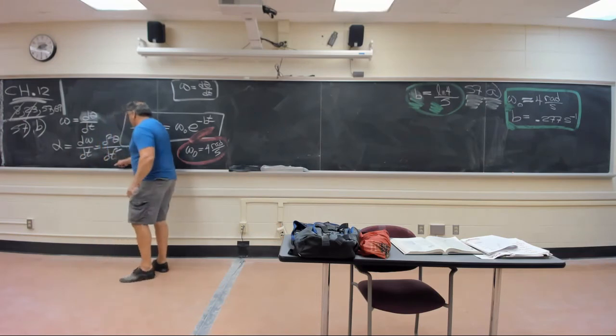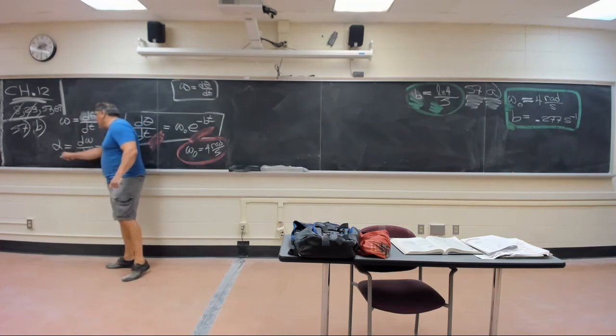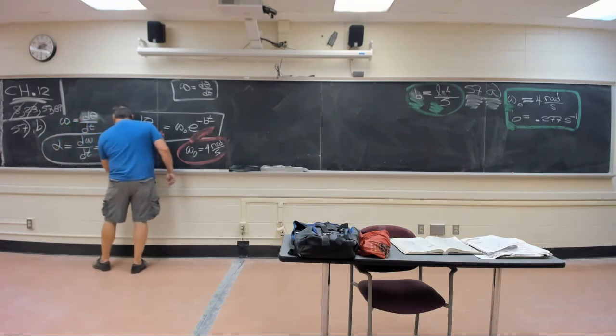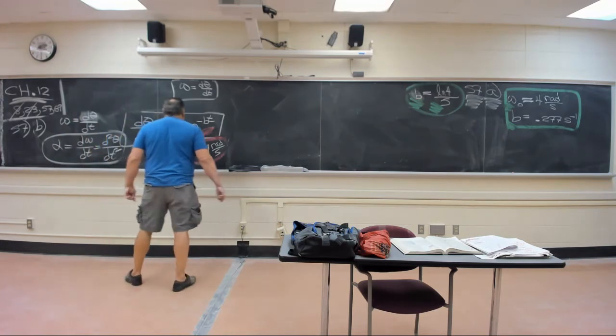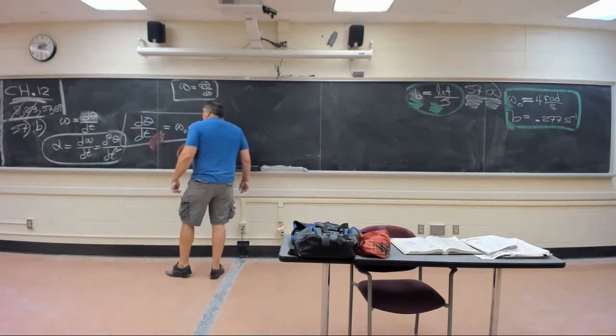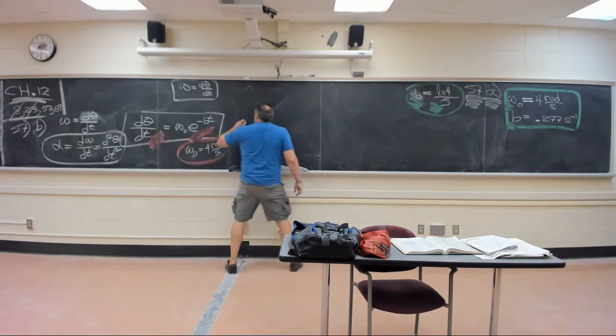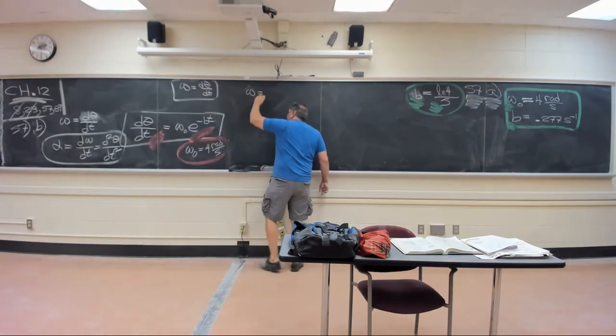The second derivative of the theta function is d omega dt, which is alpha. The theta function's already been accounted for somehow. So you kind of play the game this way, maybe make our life a little easier.